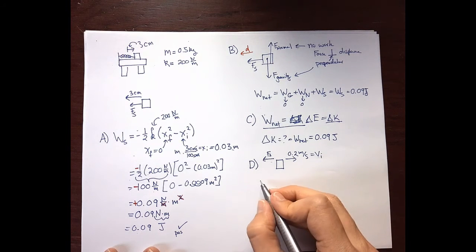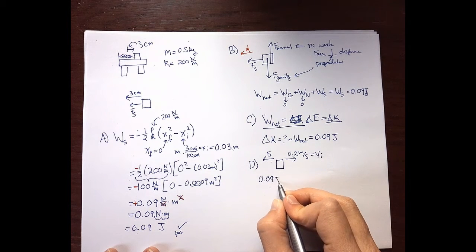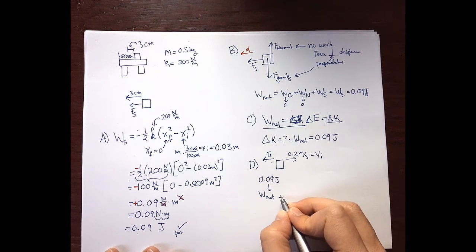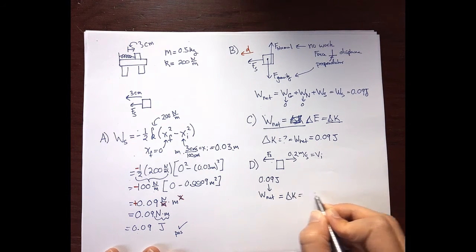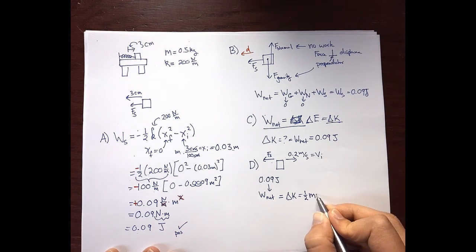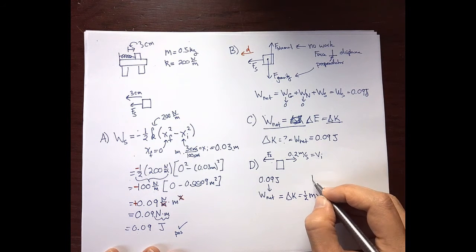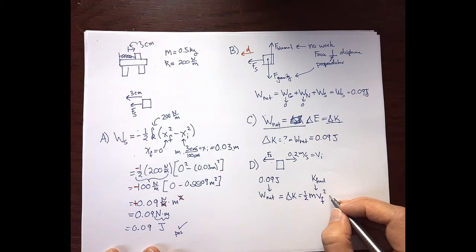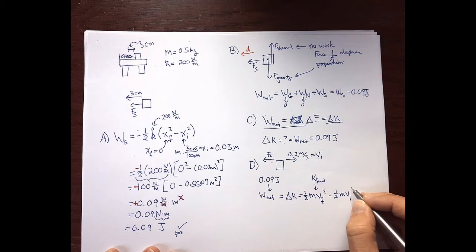So that means we know the amount of work it does, 0.09 joules. That's the net work. And that is all equal to the change in kinetic energy. And so we'll write in, that's going to be 1/2 times mv squared. That's the final kinetic energy minus 1/2 mv initial squared.